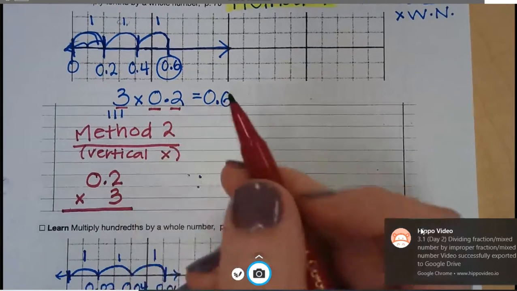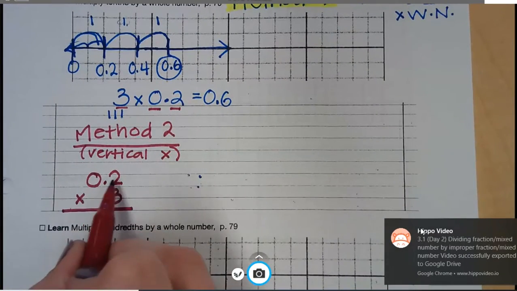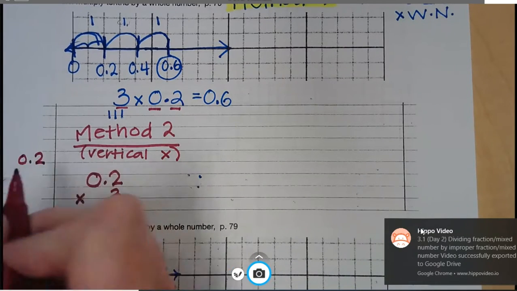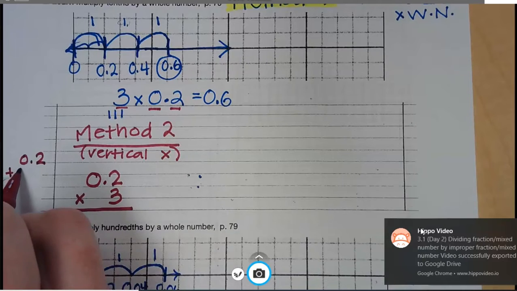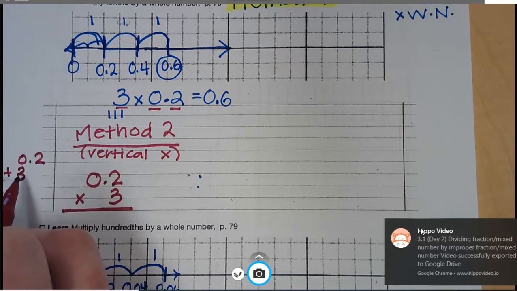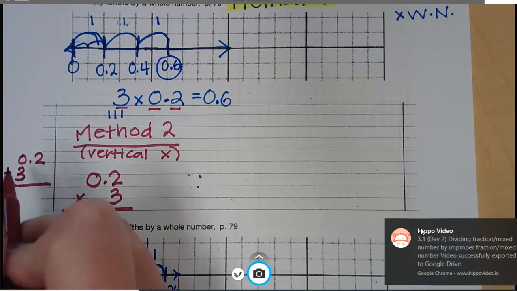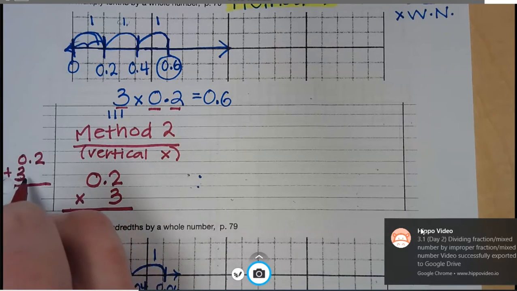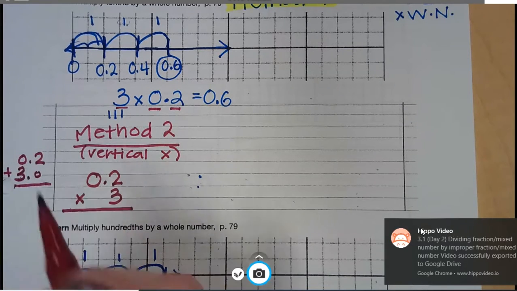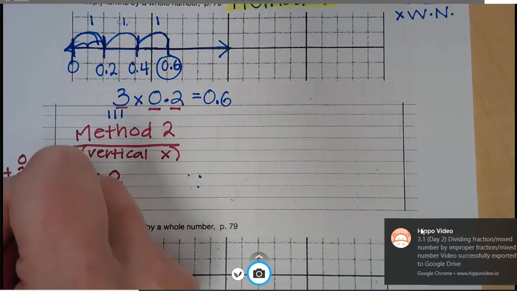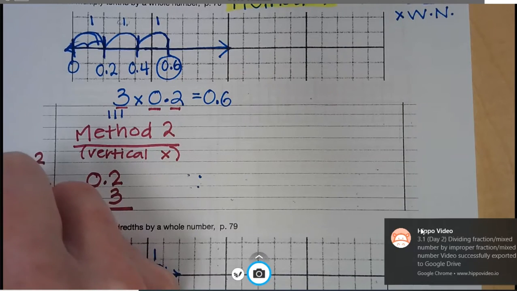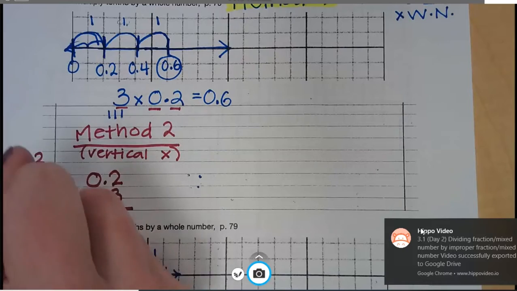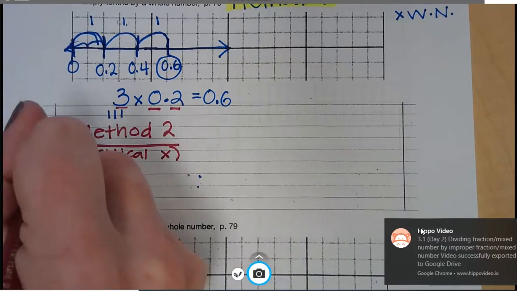So if this was 2/10 plus 3, I would have to do 2/10, and then I would have to add the 3 underneath the 0 because it's 3 whole numbers and this is 0 whole numbers. I could put a placeholder 0 in and then add. So when I add or subtract, I have to line up the decimal. When I multiply, I do not.